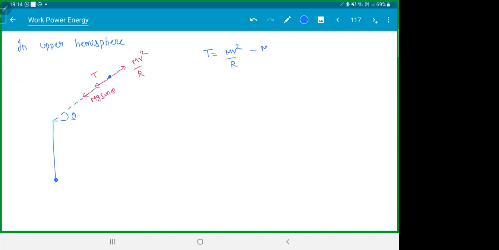So there is a possibility of tension becoming zero here. Now, as the particle goes up, the one who is trying to keep the string tight is the centrifugal force. But as the particle goes up, the speed decreases.